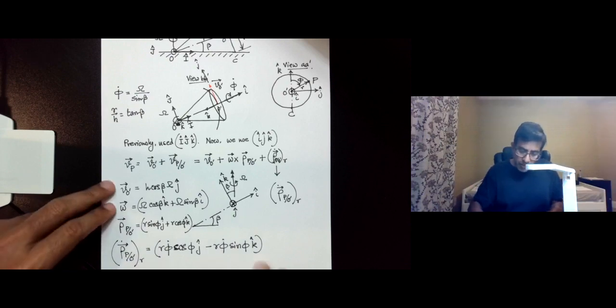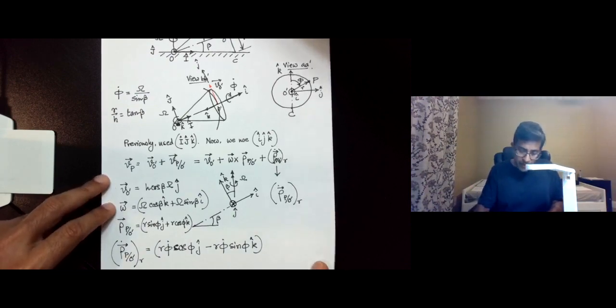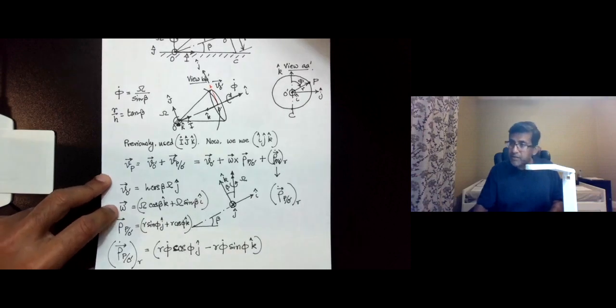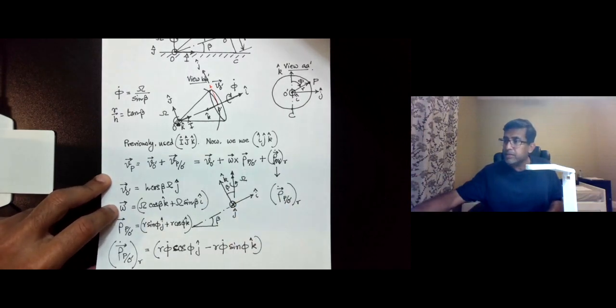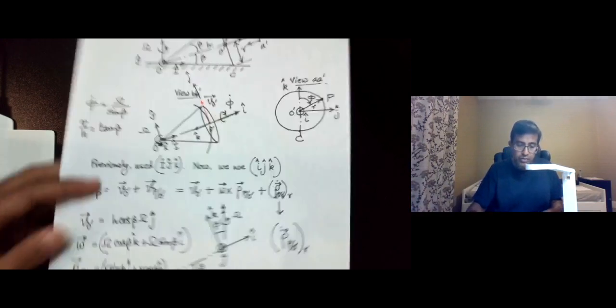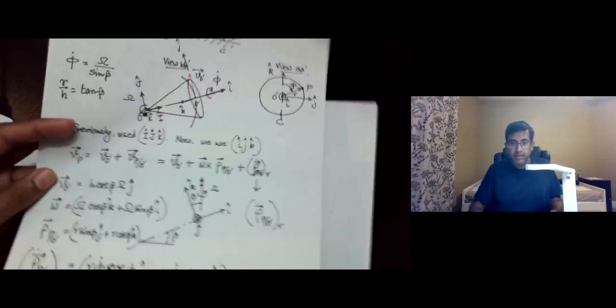So we have this expression. So we have all the four vectors determined, and so we can now come up with the overall expression. We need to do some geometry to find the expressions. So we will find the expressions next.